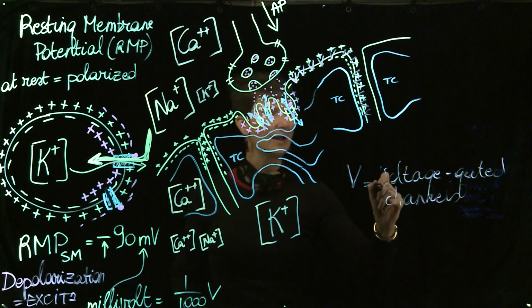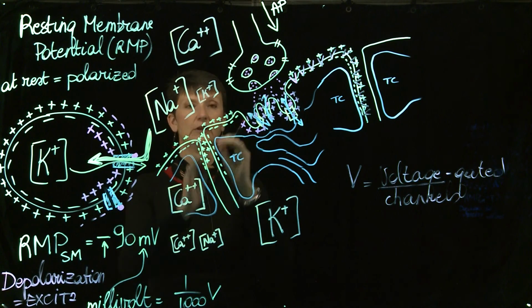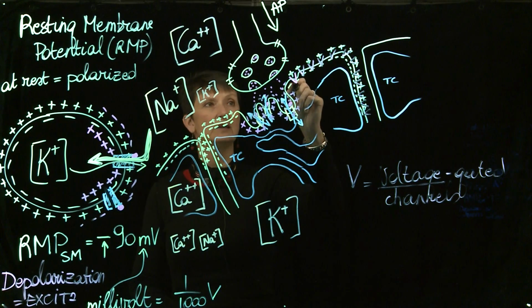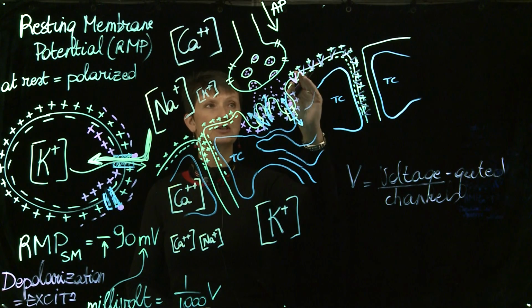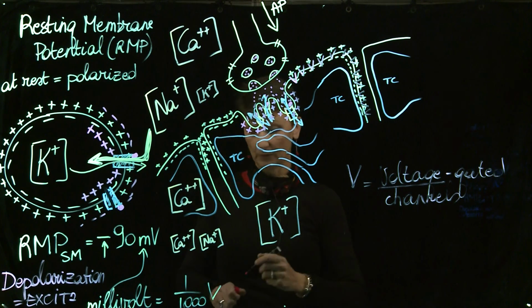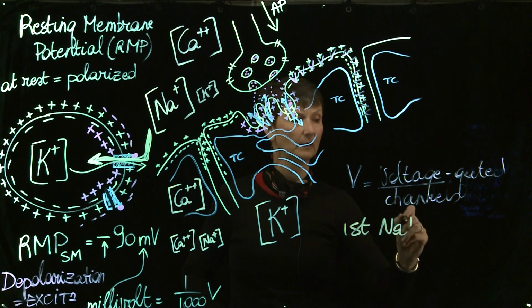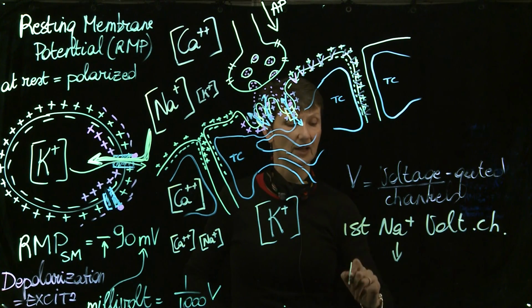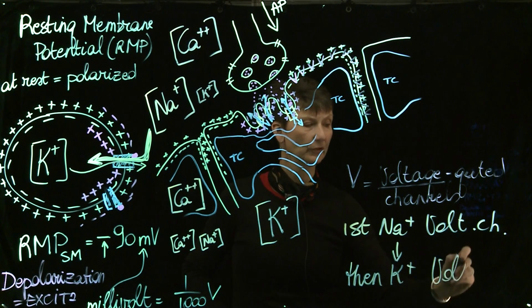What this implies is that they need a very strong change in the voltage of our cell that was at rest, but is now being disturbed, strong enough to where these ion channels will open. And the first voltage-gated ion channels that will open will be our sodium ion channels and then our potassium ion channels, which are also voltage gated.